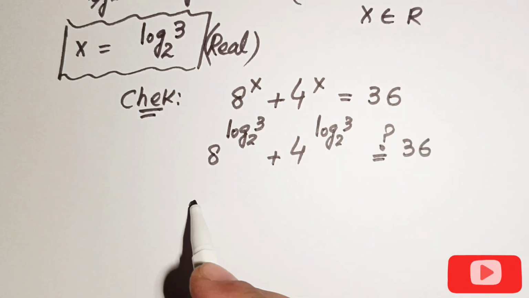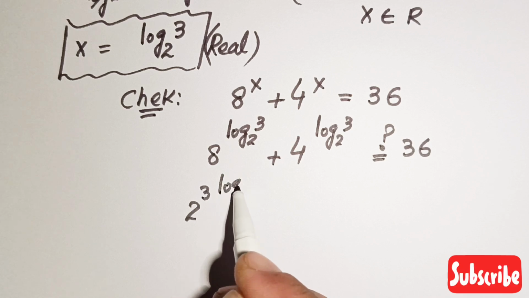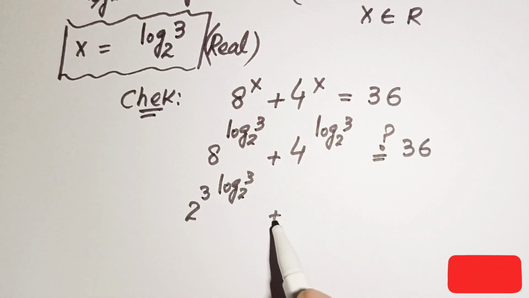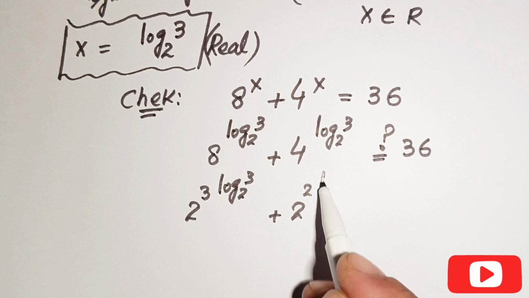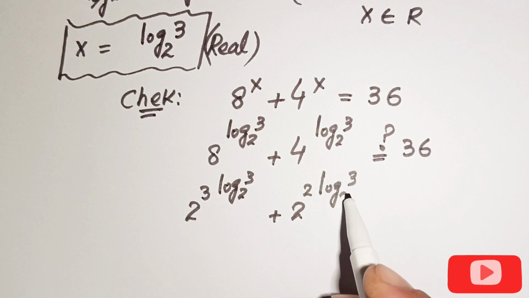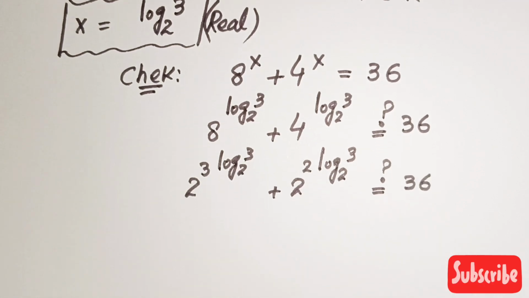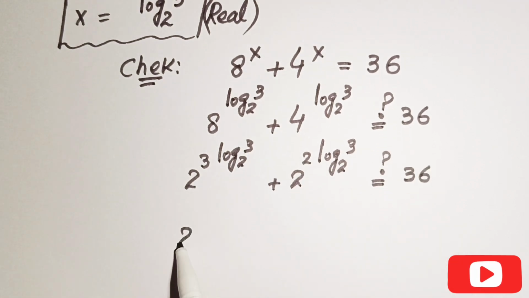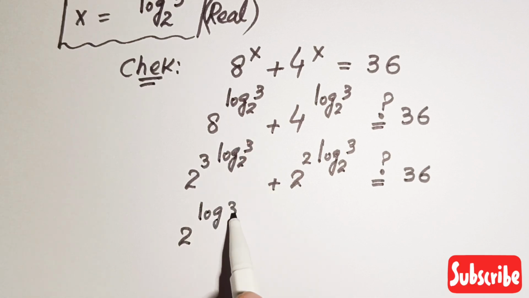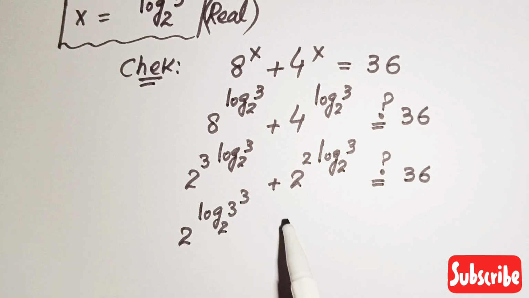Now this 8 can be written as 2 cubed to the power log 3 to base 2, and 4 is 2 squared to the power log 3 to base 2, that is 36. Now this 3 can be shifted, so we write 2 to the power log 3 cubed with base 2.